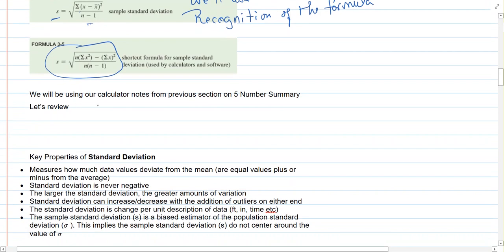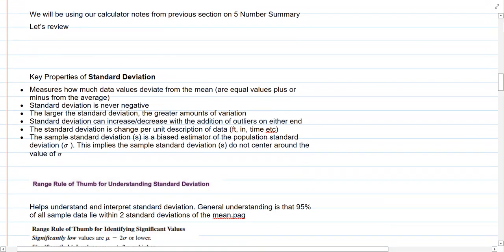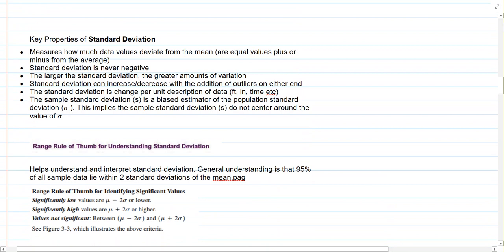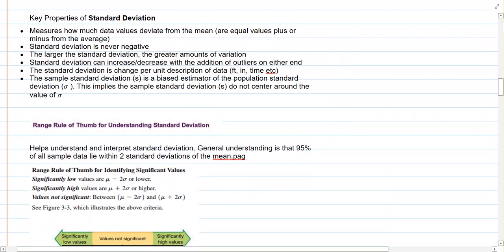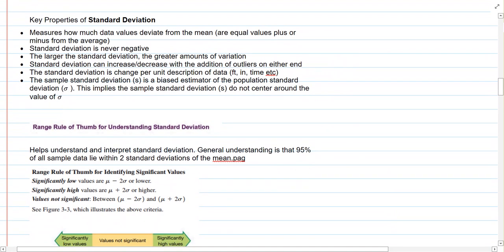We will start with using the calculator notes from a previous section on the 5-number summary. So you have this. And I'll go through it as I do the lesson, but I'm not going to insert it. You definitely have had it several times written in your key properties of standard deviation. It measures how much data values deviate.